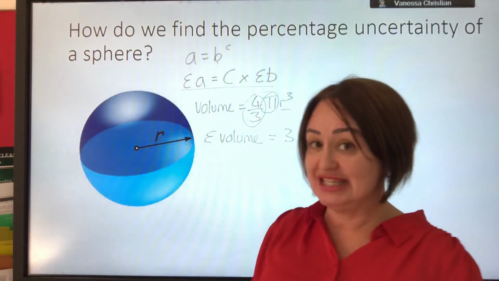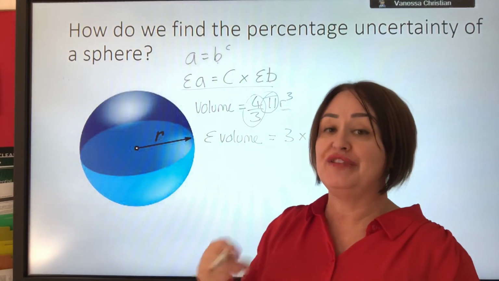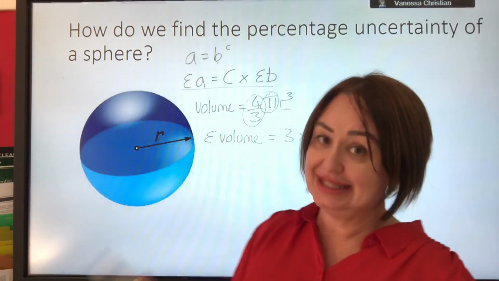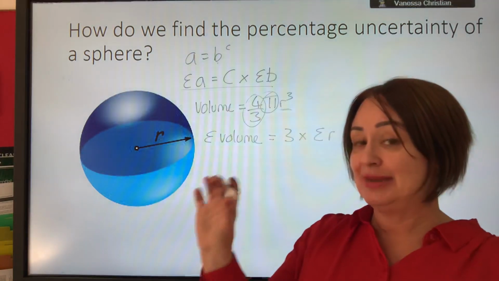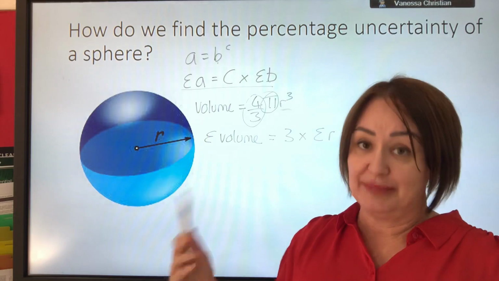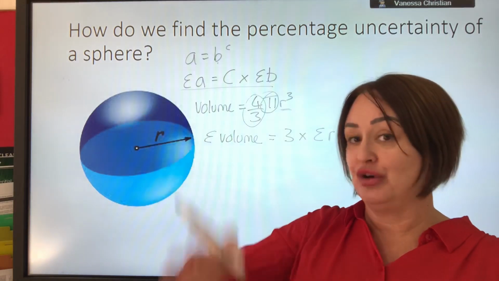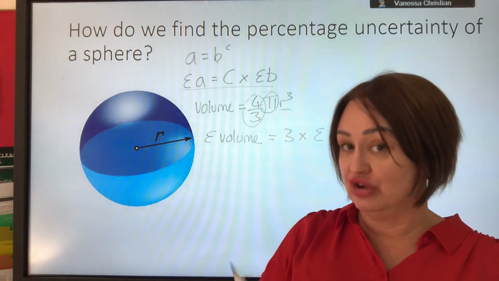Let's imagine that our radius is 6 centimetres. In the previous video, we found out that the absolute uncertainty for a 6 centimetre line was plus or minus 0.1 of a centimetre, because we had 0.05 of a centimetre at one end and 0.05 of a centimetre on the other end.